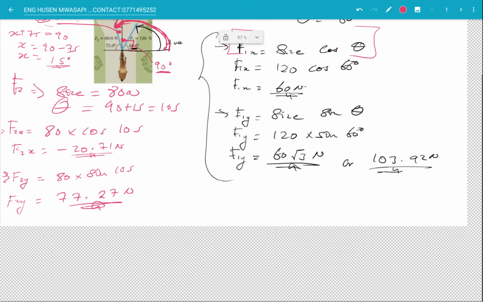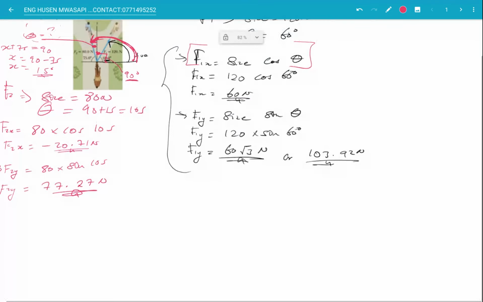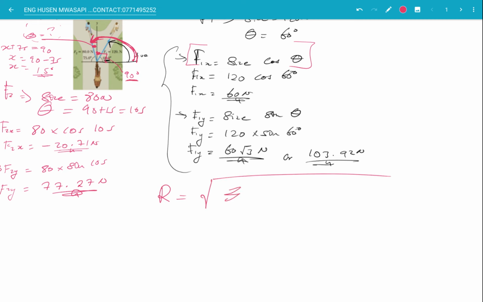So now all you have to do is simply sum up the x components. Now you need to find the magnitude, which is the size of this resultant force. So the resultant force R is equal to the root of the summation of the Fx components squared plus the summation of the Fy components squared. So you're going to add up all the x components.